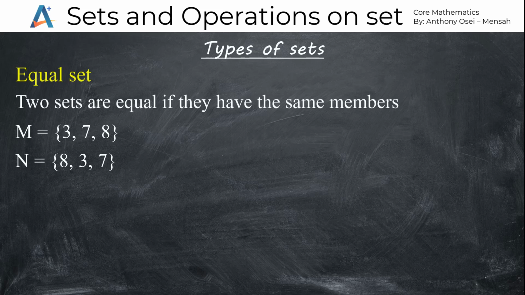So equal sets are sets with the same members. Unlike equivalent sets, whose appearance is not the same but whose number is the same, with equal sets the members in one set will be the same members in the other set. So that makes the 2 sets equal sets.